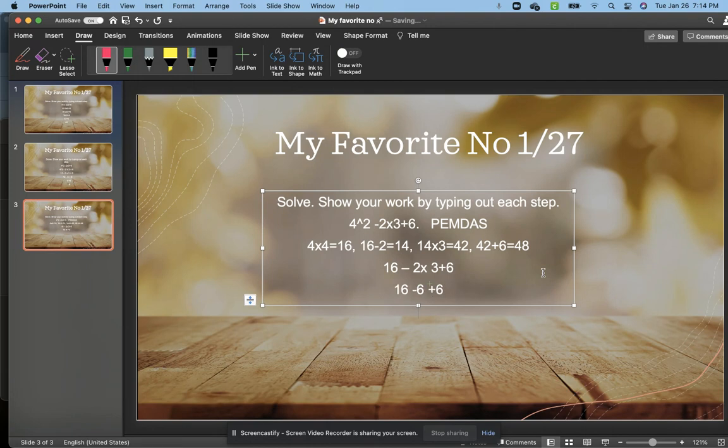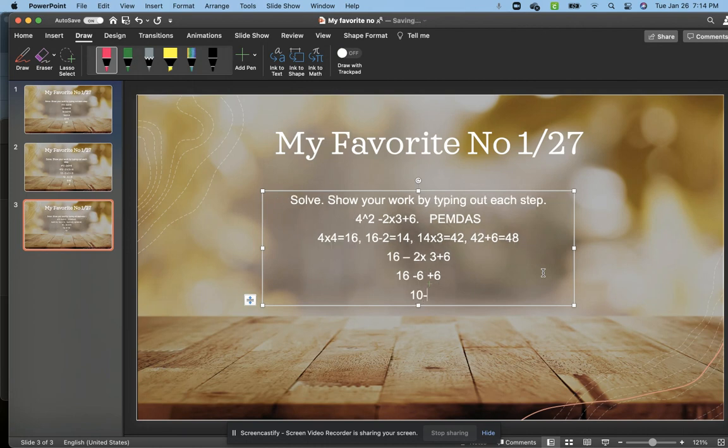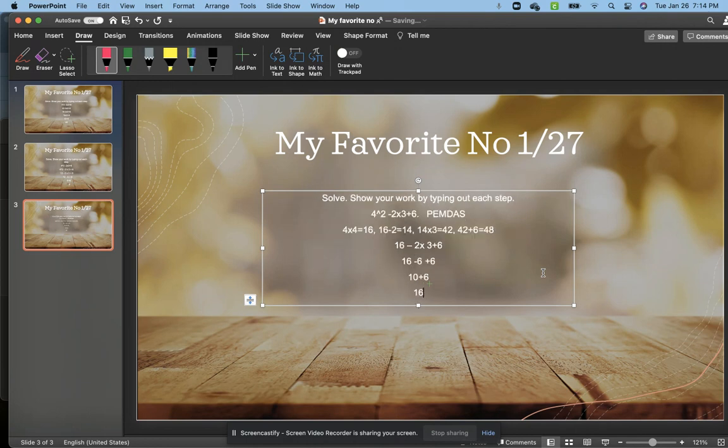And now, since addition and subtraction you just do from left to right, we would do the subtraction first. And so 16 minus 6 is 10. And then 10 plus 6 would be 16.